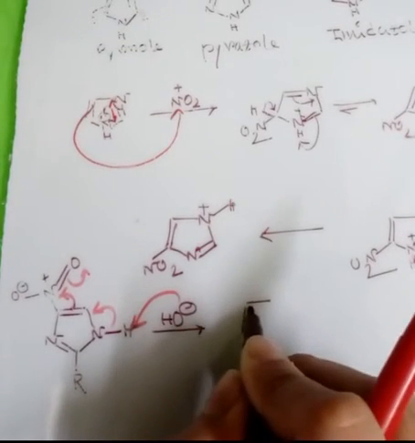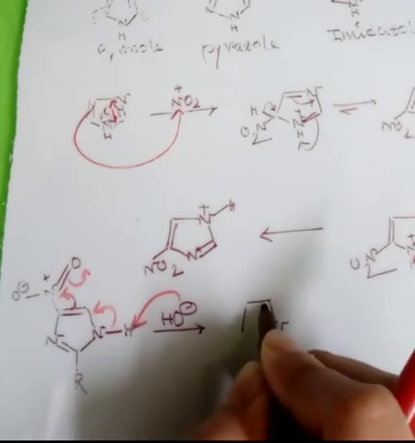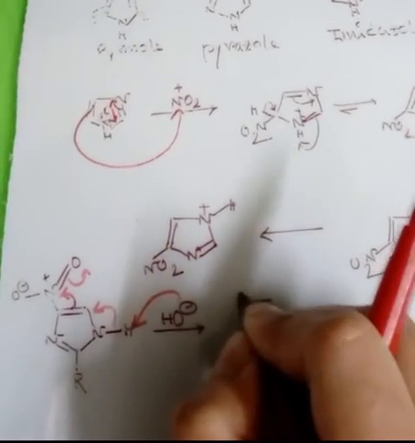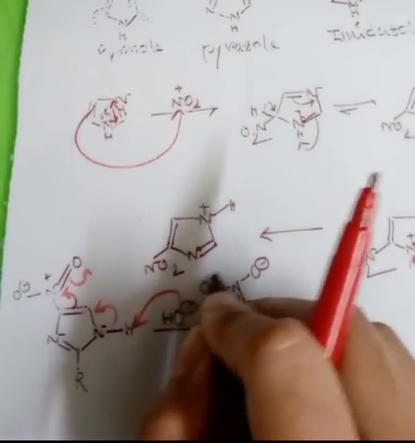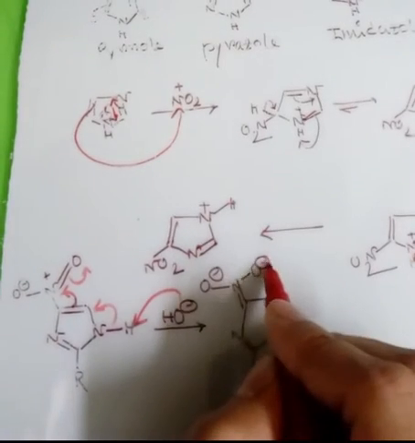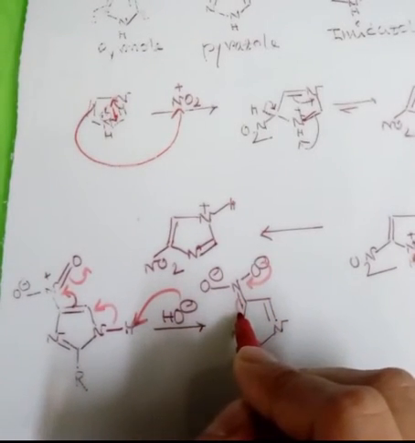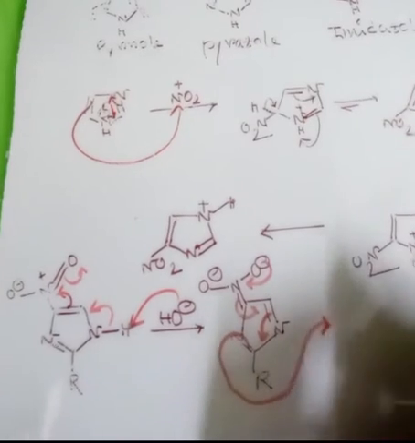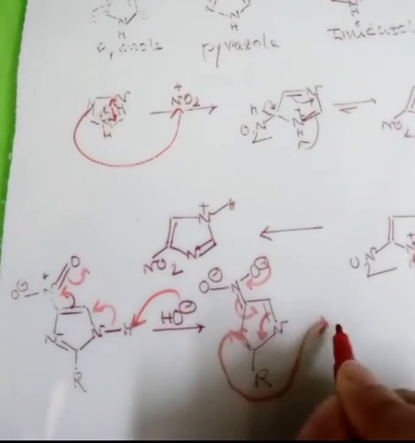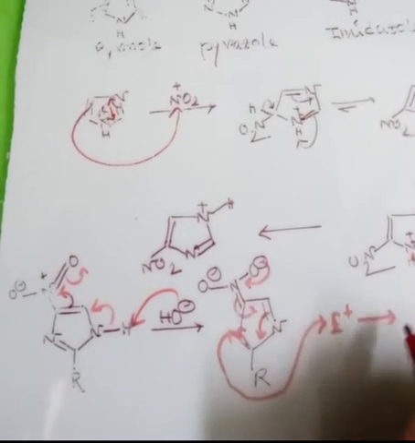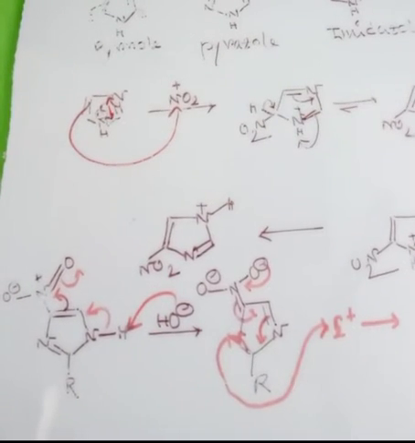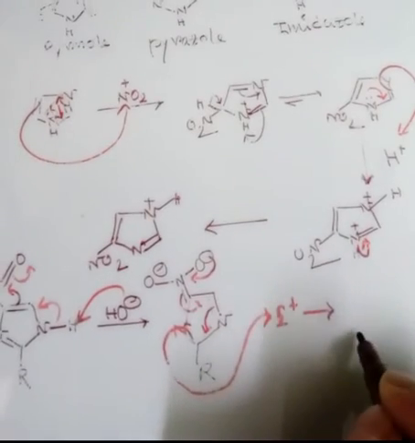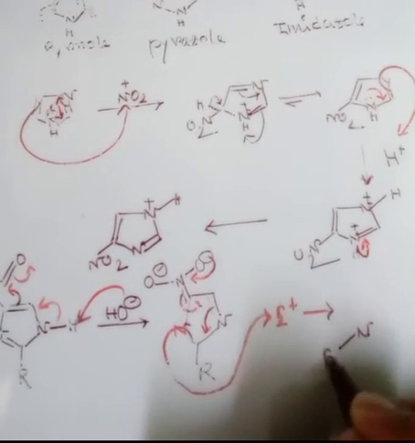Then electrophile will attack that nitrogen, and then a substituted imidazole will form, where E is the electrophile added.